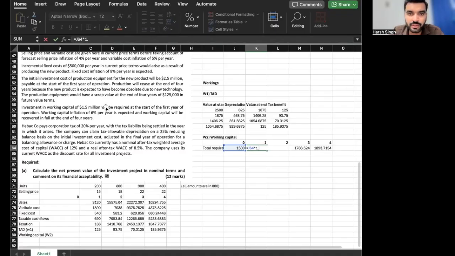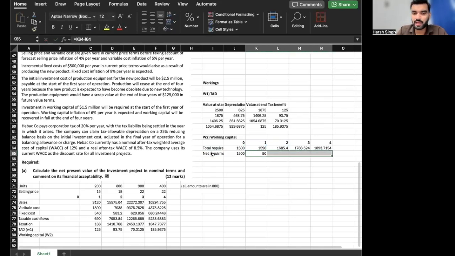What was the inflation over here? 6%, 1.06. I just multiplied this value by 1.06, this value by 1.06, and this. That's what I'm doing. Now, net requirement, everyone. Over here, it will be 1500. Then 1590 minus 1500. Then I don't need to do it every time again. I can just do Control R.